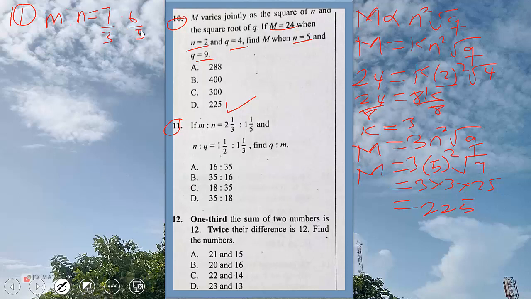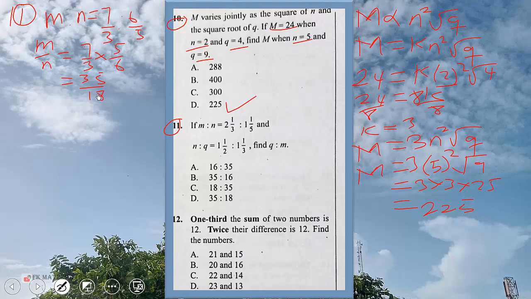This is the same as m over n is equal to 7 over 3 times 5 over 6. So that will give you 35 over 18.